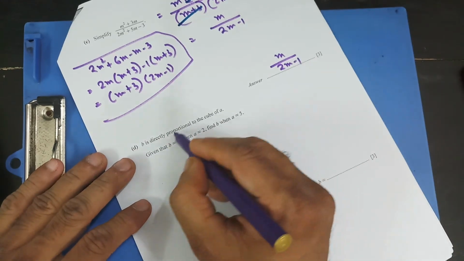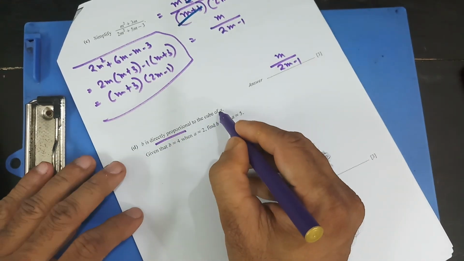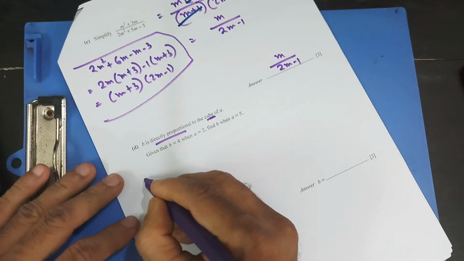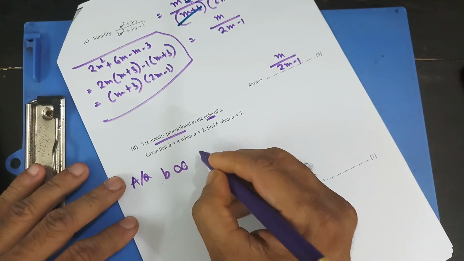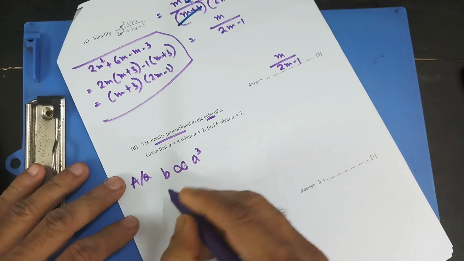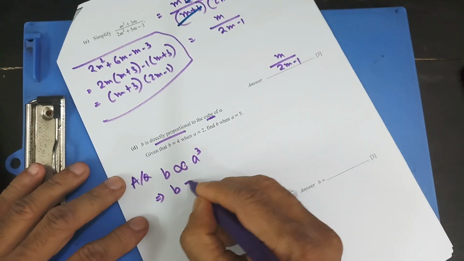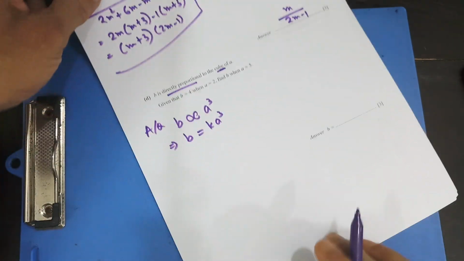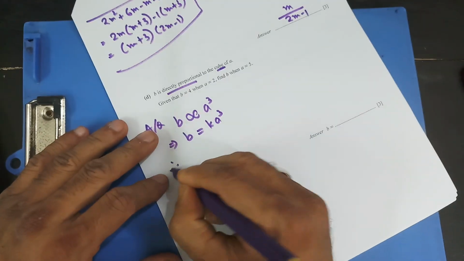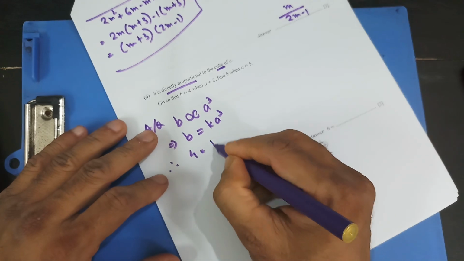Now b is directly proportional to the cube of a. So what is the question saying? According to the question, b is directly proportional to the cube of a. So when I take this sign off, I introduce a constant k: b = k a cubed. Now it says given b equal to 4, when b equal to 4, a equal to 2.